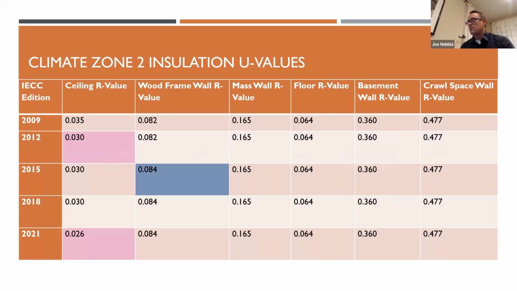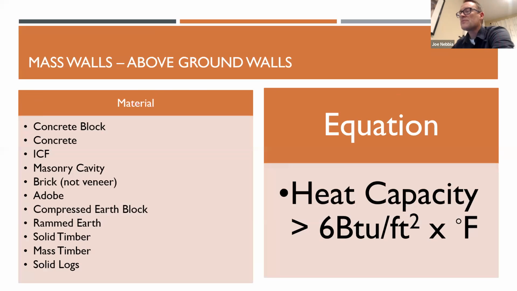Some of these more innovative products do give you that flexibility where maybe the code doesn't quite fit what you want to do. There's also, if you're not one of these mass walls as defined by the code, you can use this calculation, this equation, to determine whether it's a mass wall or not. But I think this captures pretty much most of what would be used in that situation.